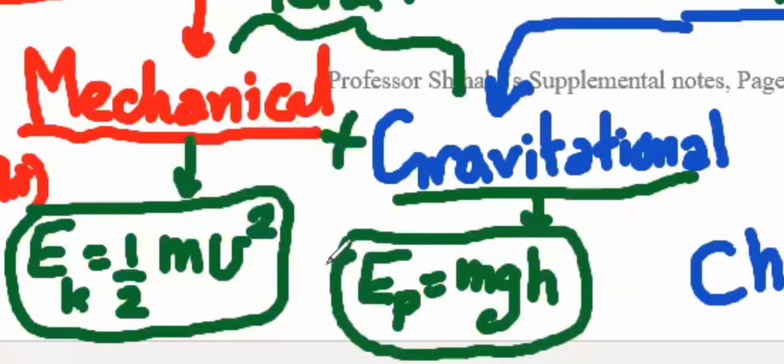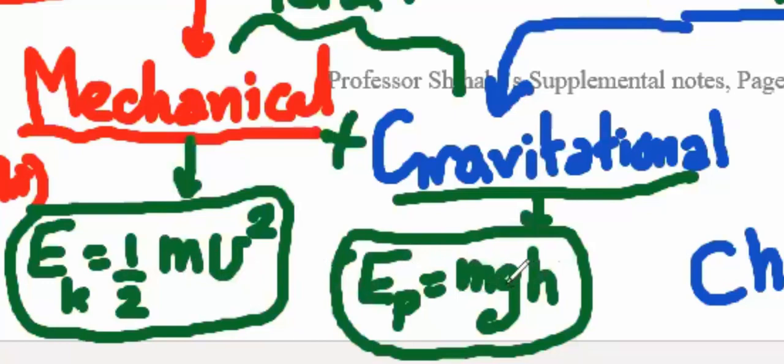And those are the two equations we need to know for this lesson number 8. The equation for mechanical kinetic energy, and you need to understand those variables, mass and velocity. And the equation for gravitational potential energy, which has to do with the weight and the height. Notice here that, of course, g is a constant, 1/2 is a constant, so the main factor in both equations is the mass.